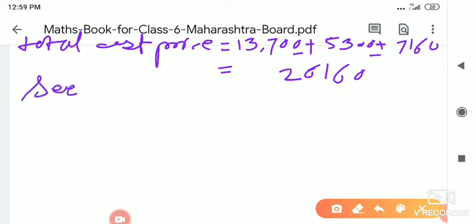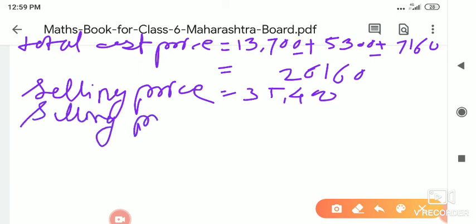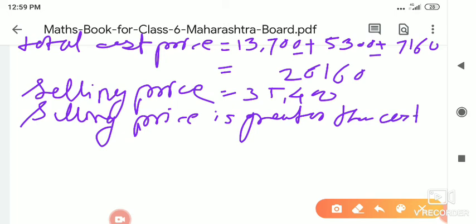Now, after selling she got 35,400 rupees, so the selling price is 35,400 rupees. If you see, the selling price is greater than the cost price, and therefore there is a profit.